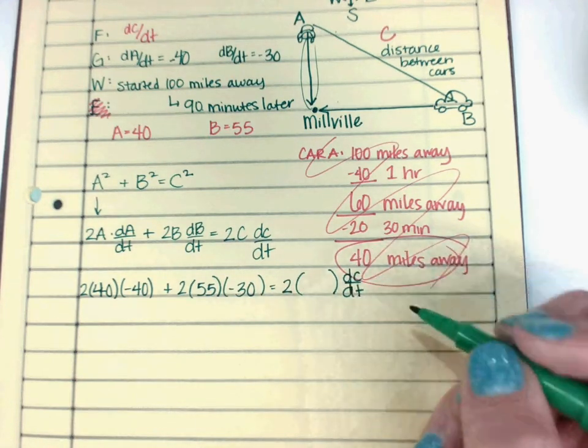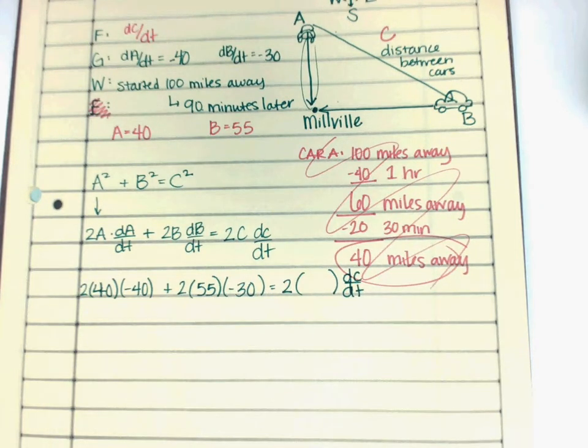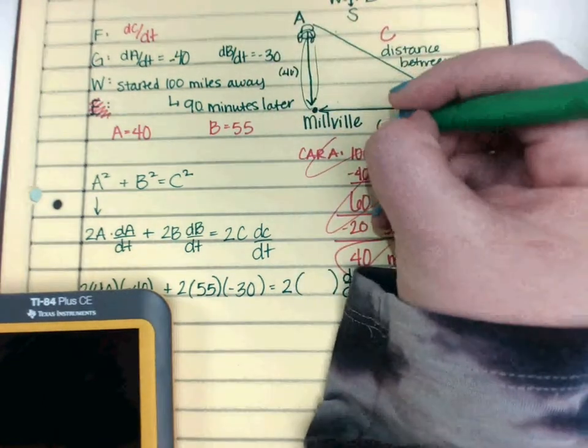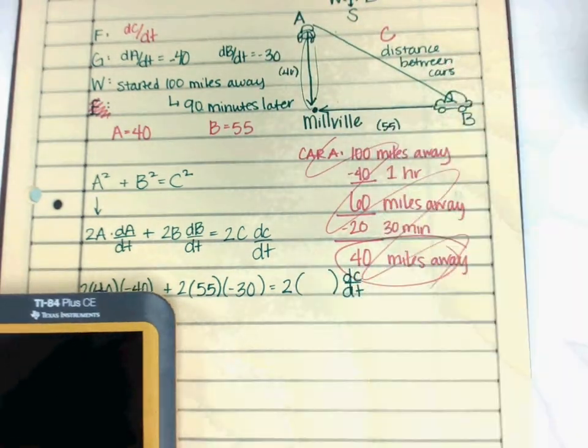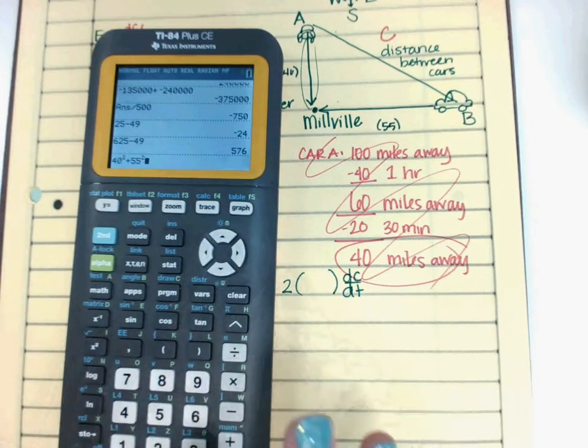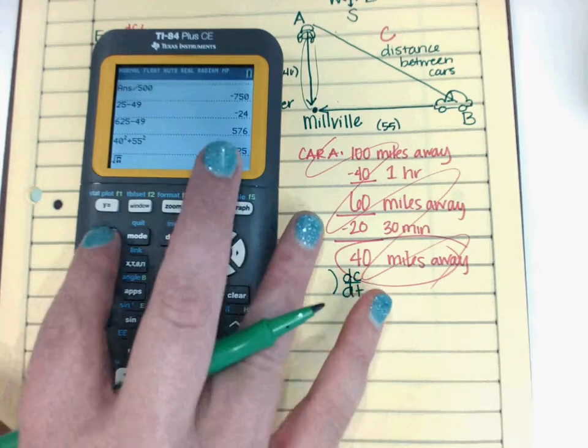What do I notice about my C? I never went back and found C, so I'm going to have to do it now. How am I going to do it? Using the original Pythagorean theorem. I'm just going to do it on my calculator. My side A was 40. My side B was 55. So I'm going to do 40 squared plus 55 squared, and then square root that answer.